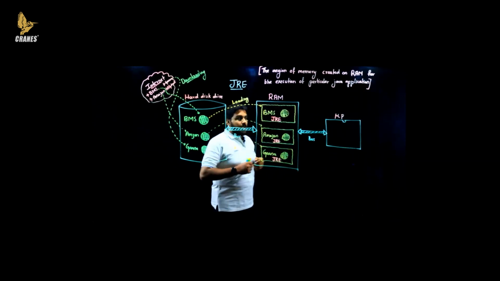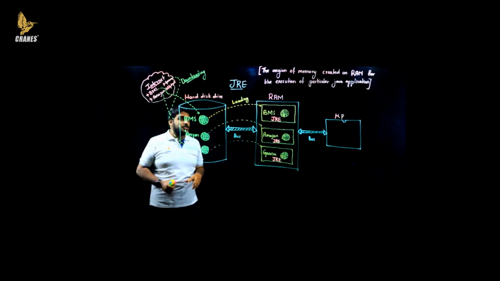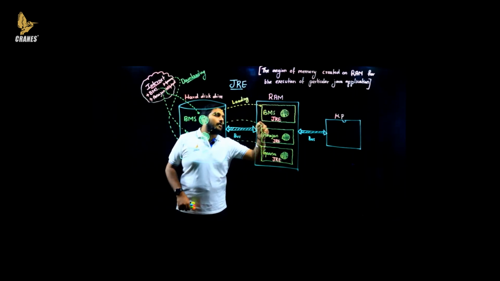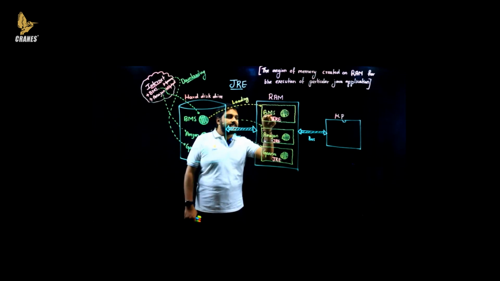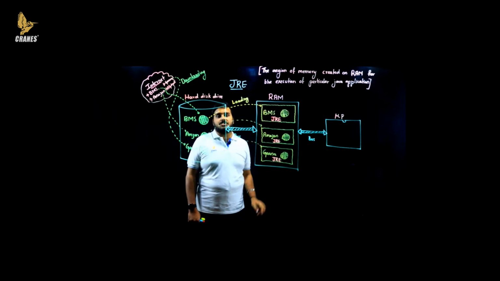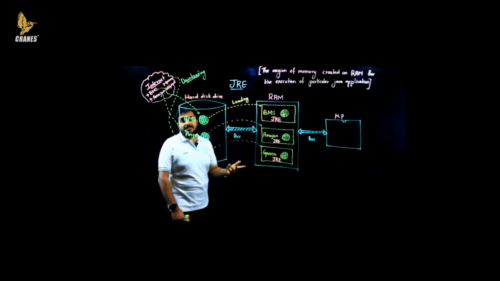How do we call JRE? JRE is what? Region of memory created where? On your RAM for execution of what? Java application. So I can teach you in this particular way.